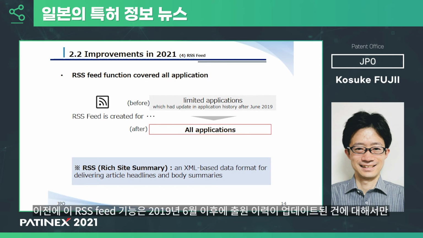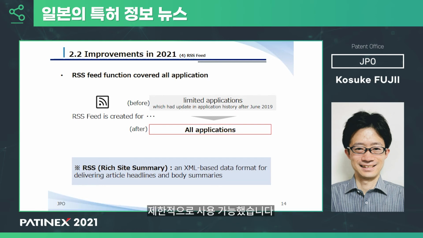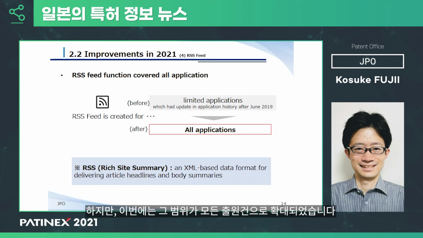Previously, RSS feed had been available only for limited applications whose application history was updated after June 2019. But this time, the coverage has been expanded to all applications. For example, RSS feeds are also available for applications that have not been requested for examination.